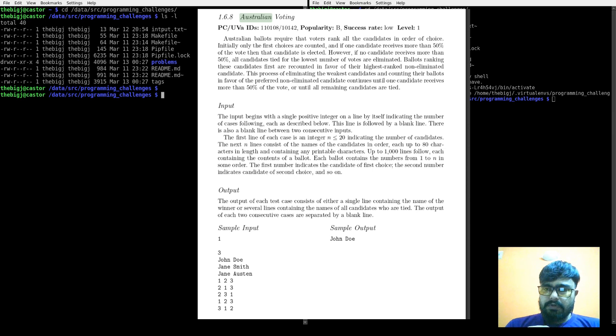So this is, I think, the input line. The next line consists of the names of the candidates in order, each up to 80 characters in length and containing any printable characters.